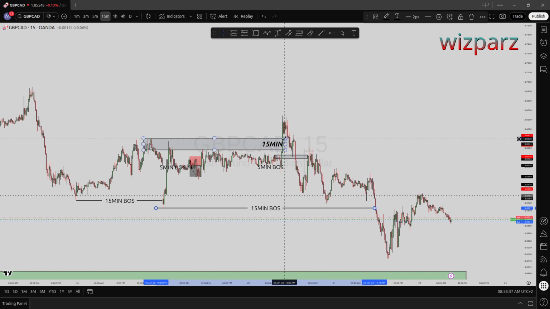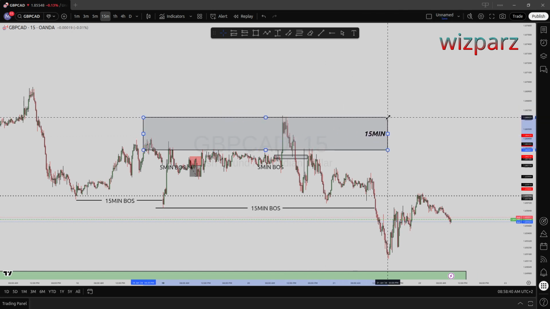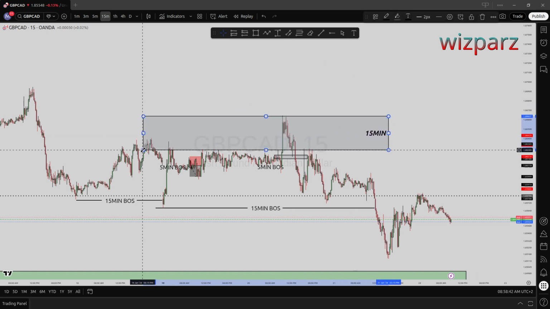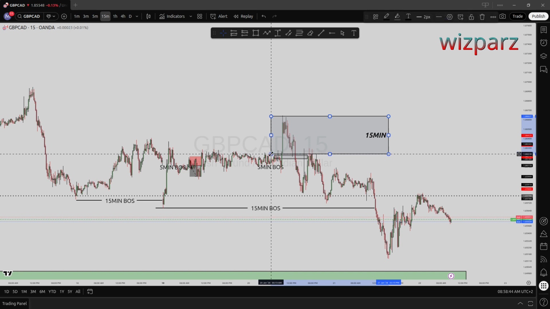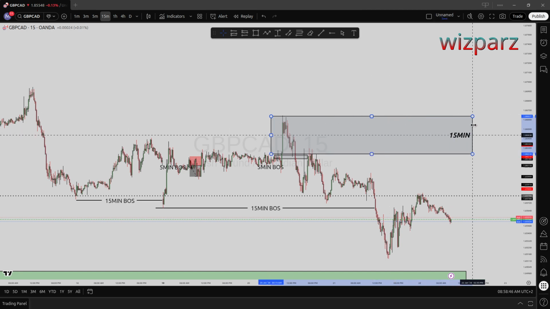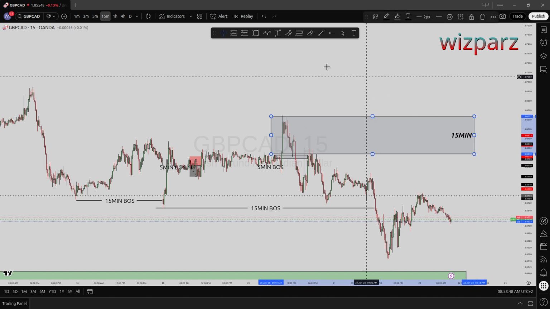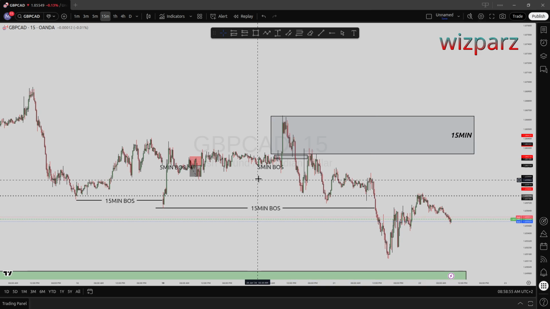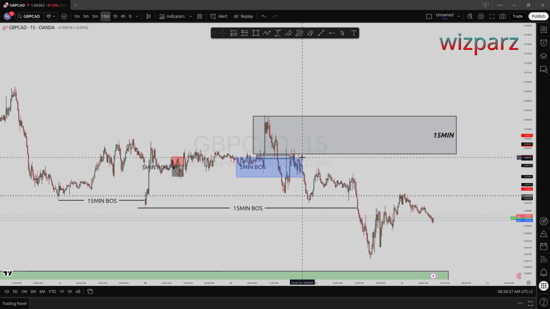If price touches 4-hour demand area, we are not going to trade the 15-minute time frame, because we will be trading against major trend. So that is not a good habit.